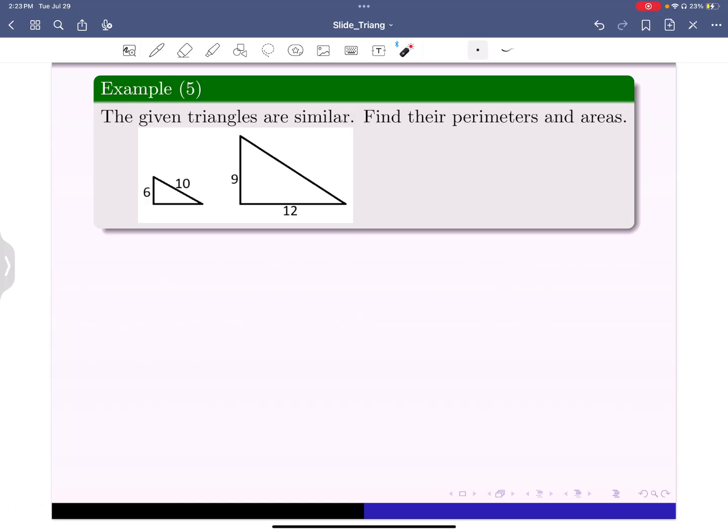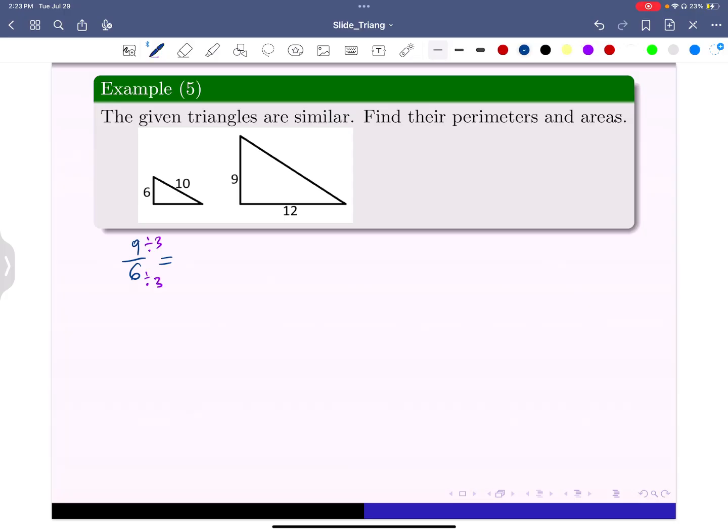Example 5. The given triangles are similar. Find their perimeter and their areas. So as before, we first need to find the scale, the multiplication scale. So take the big divided by the small, that would be the scale we need to multiply. So 9 divided by 6, and this can be reduced if we divide both by 3.